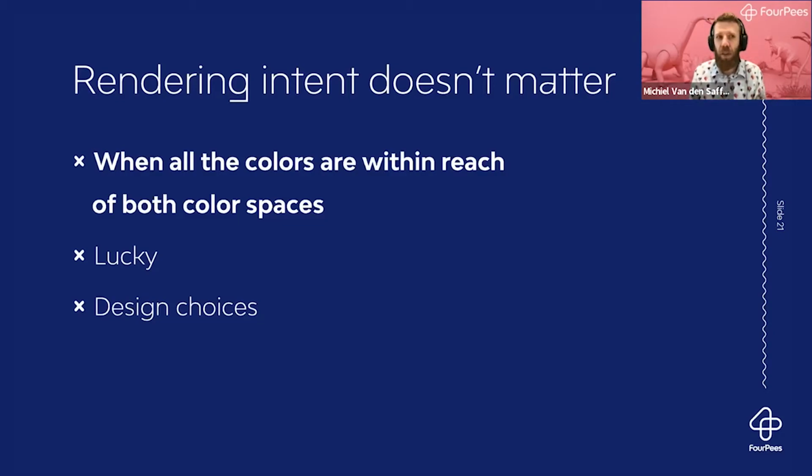This can be luck. You just might have an input file that happens not to have any colors that you can't reproduce with your output device. Or it might be intentional. This could be a design choice where the designer was asked to only use CMYK and specifically, for example, iso-coated when creating a certain product. That might be on purpose.